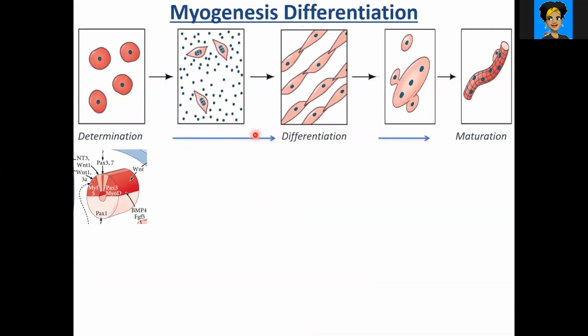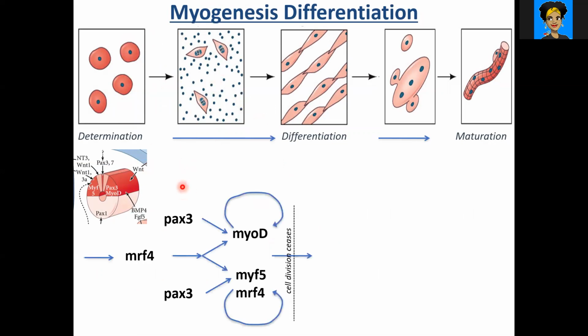All right, and so this is how you get determination. You have this determination that must occur, and in order to get determination, you have to have that cell division. And so these are all the factors that are in play to induce these cells to start dividing.